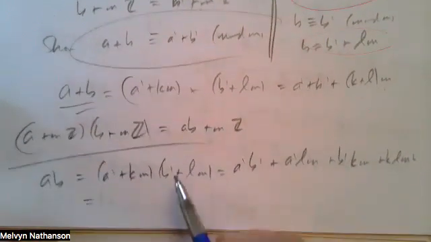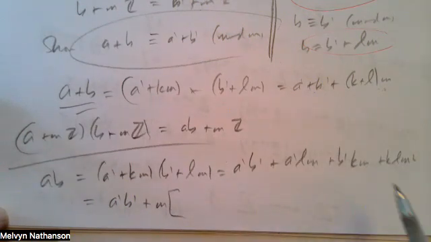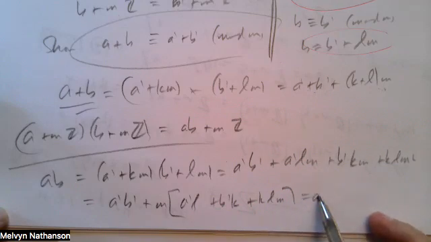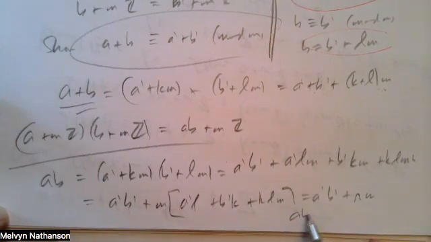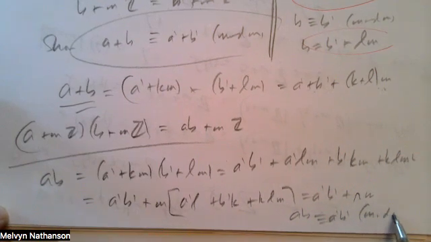This is A prime B prime plus M times (A prime L plus B prime K plus KLM). This is A prime B prime plus some multiple of M, call it RM. So AB is congruent to A prime B prime mod M. So this multiplication of congruence classes is also well defined.